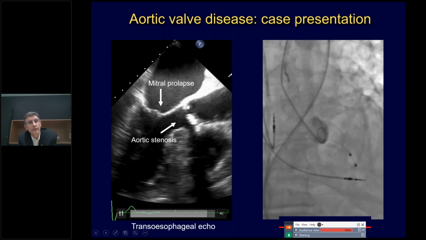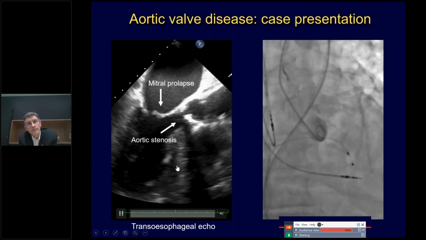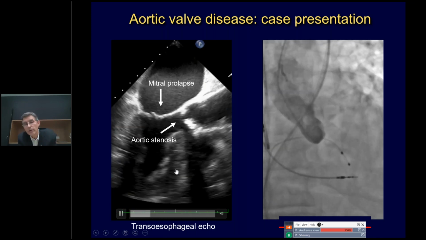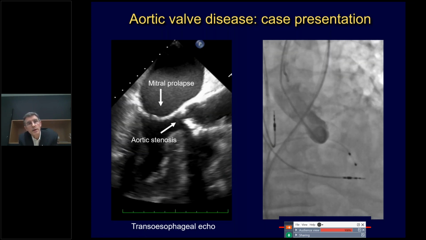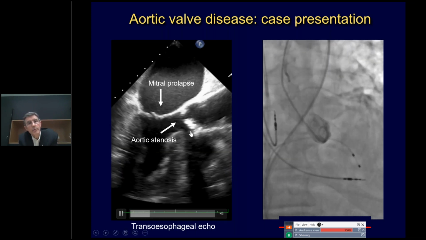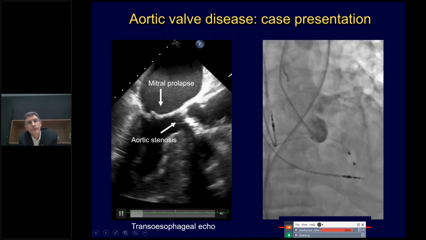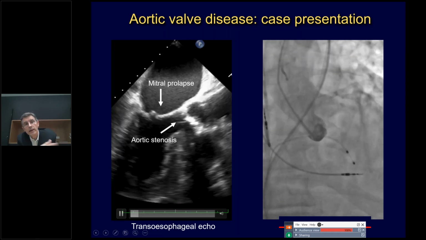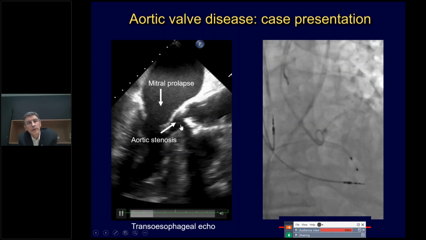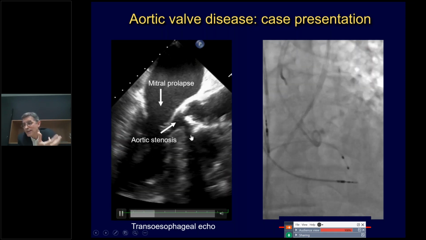If we come back to the LV, you can see the LV is working well, but the LV is quite thick. So it's actually got significant left ventricular hypertrophy. Sometimes this hypertrophy actually starts to impact on the LV outflow tract here. So even if you fix the valve, the knuckle of left ventricular hypertrophy can still leave a gradient across the outflow. But this LV hypertrophy is important because it makes the heart stiff.